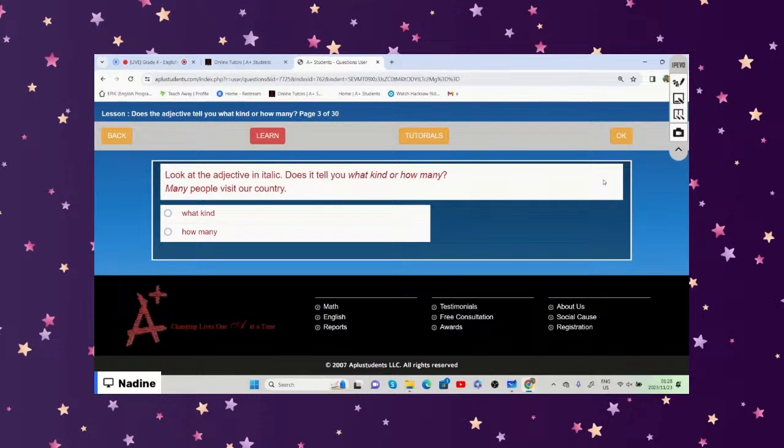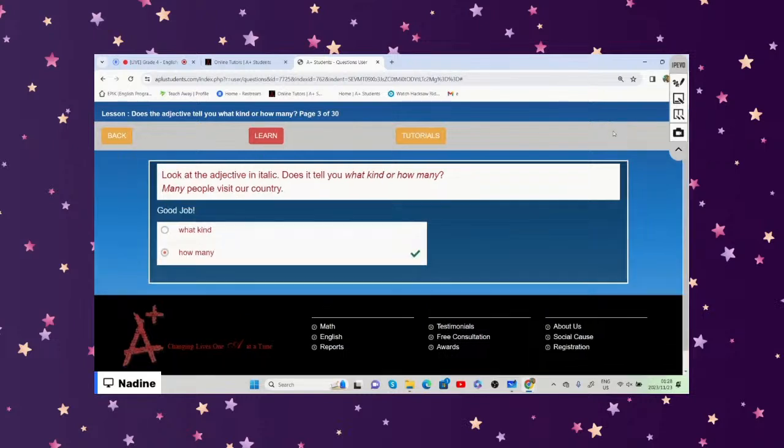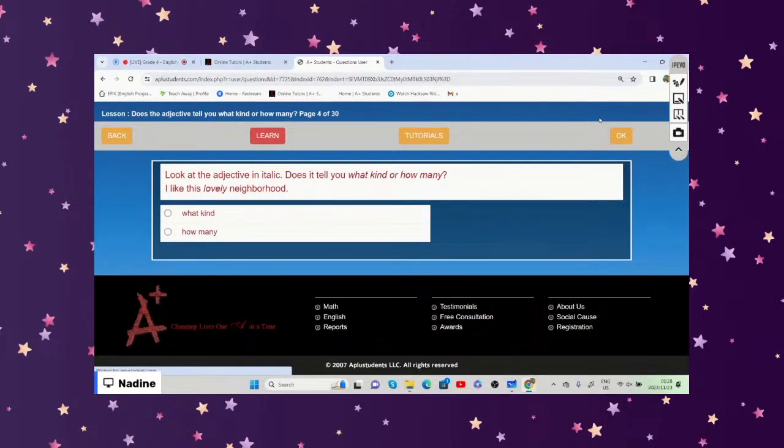And yes, it's asking us how many. They're saying many people visit our country. They're not giving us an exact amount, but they are saying it's a lot of people. So it's how many.